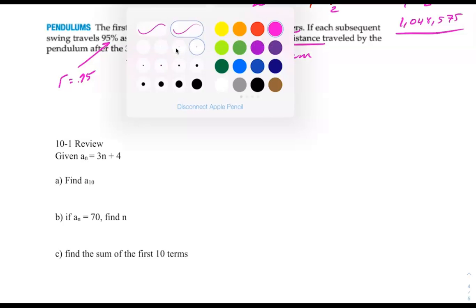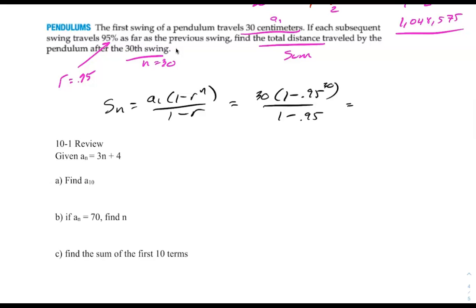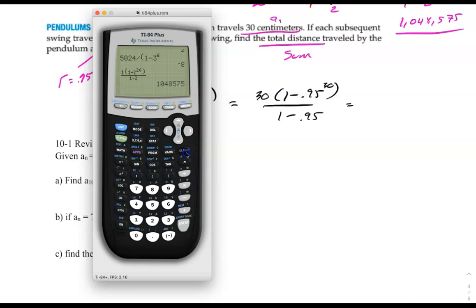So, just run it back, do it again. Sn equals A1, 1 minus r to the n, all over 1 minus r. So I get 30 times 1 minus 0.95 to the 30th, over 1 minus 0.95. So that one I'm definitely using a calculator on. I wish my practical math was that good.